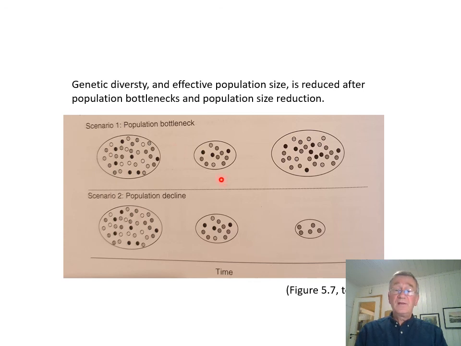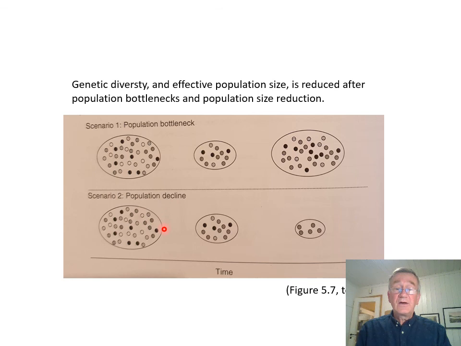That will mean that the genetic variation is lower, because a lot of individuals have been removed. There are just a few. The population has been small. But then we see that this small population has regained, so it has grown, and in this case it is the same size as it was before, but we still see that the genetic diversity has gone down.